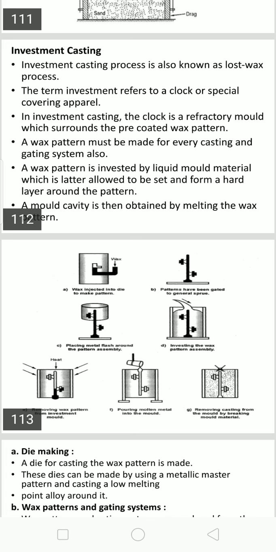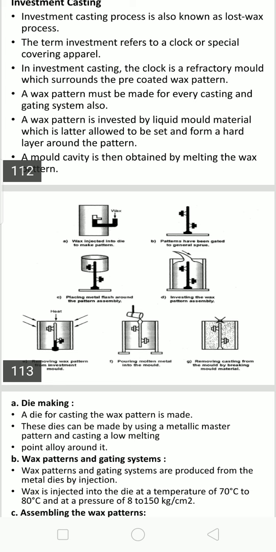Usually steel dies are used, which give a smooth surface finish and a longer life. Wax patterns are prepared by injecting molten wax at about 75 degrees centigrade at a pressure of about 3.5 to 7 Newton per millimeter square into the metal dies. The dies must be provided with allowances for both wax and for the metal casting later, as clearly shown in the first figure.